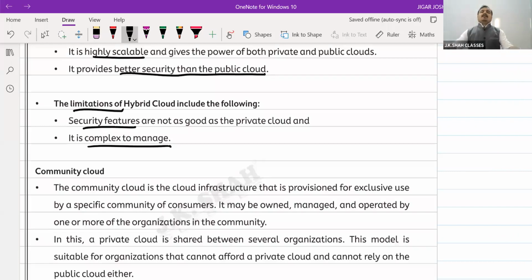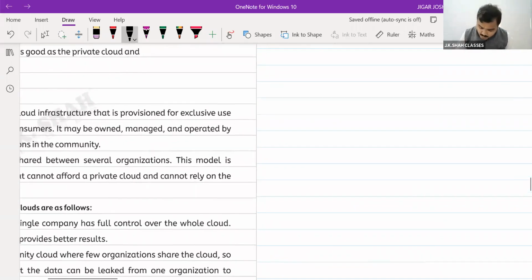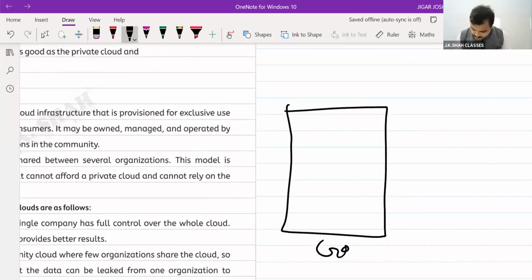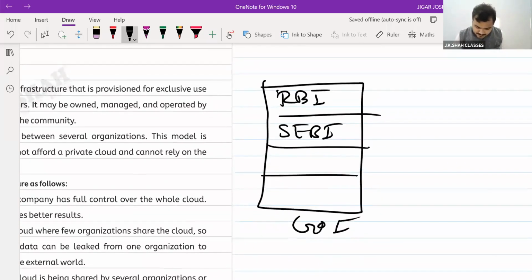Yes, sir. Last one, people, draw that diagram of government organizations over here. Okay, Government of India. Then I gave RBI. Then I gave the example of SEBI. Then I gave the example, people, of ED.